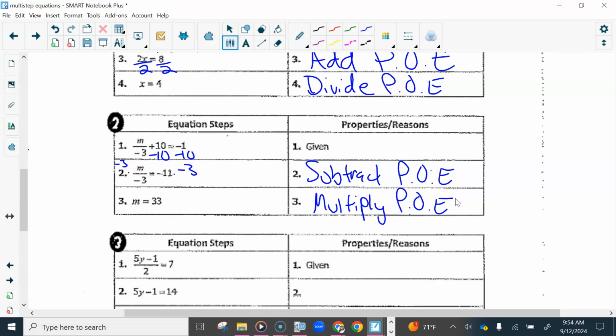Do you have any questions on that part so far? Okay, this is just getting you to recognize that we need to be doing things to both sides. Try number 3 really quickly.